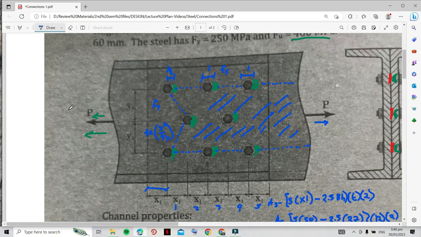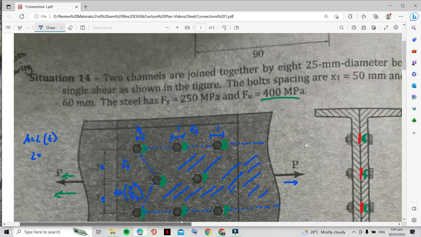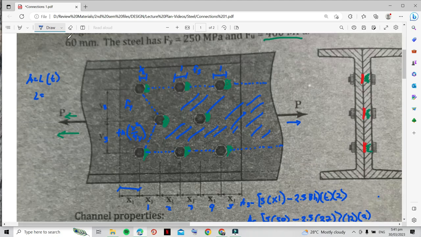So here in tension, this part, we have a diagonal. Basically, the area is equal to the length times the thickness, and the length is y3. This is y3, and I know that's y1. y1 is 60 mm.